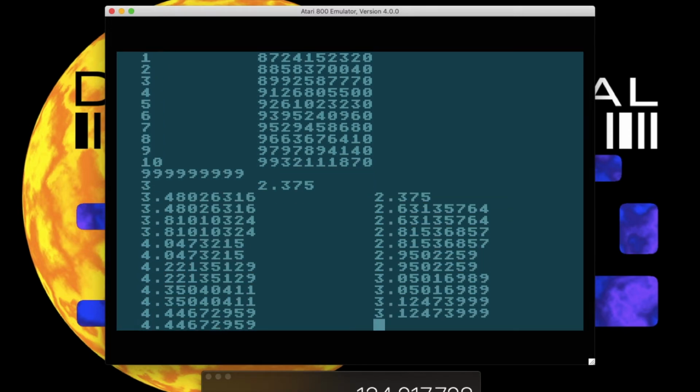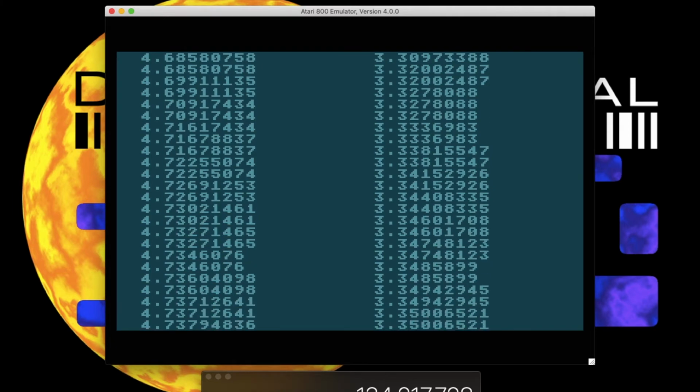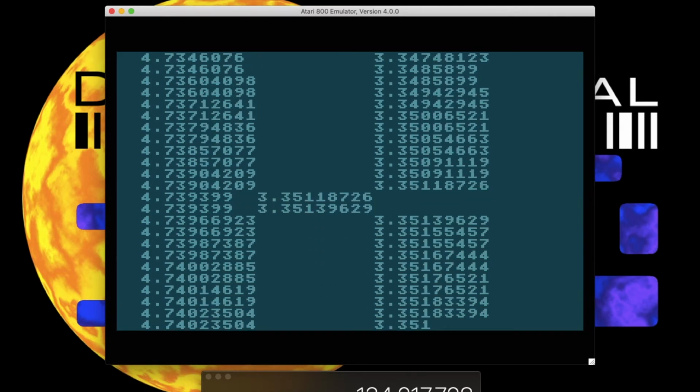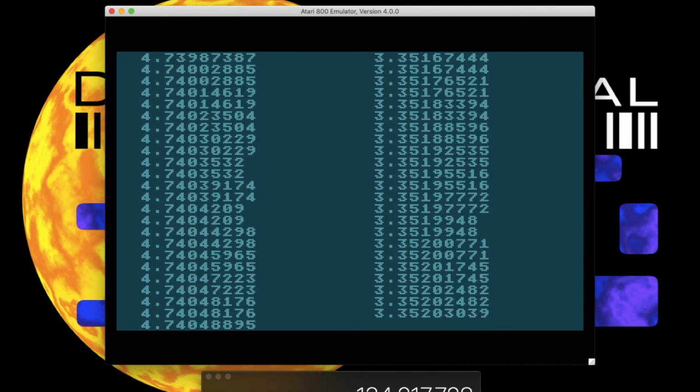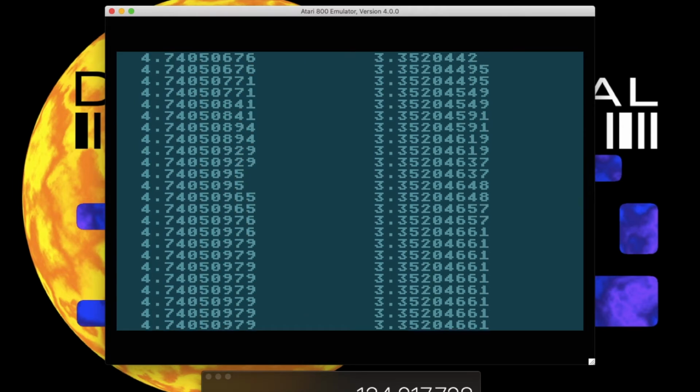We could probably dispense with all the other stuff. Doesn't seem to be getting any closer. Actually, we've landed on the same number every time.